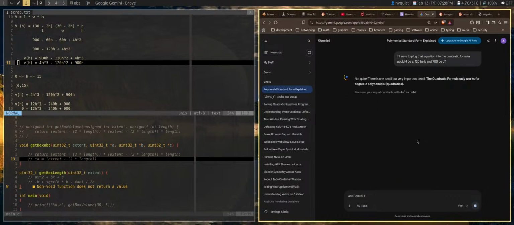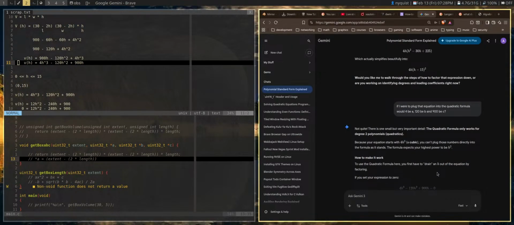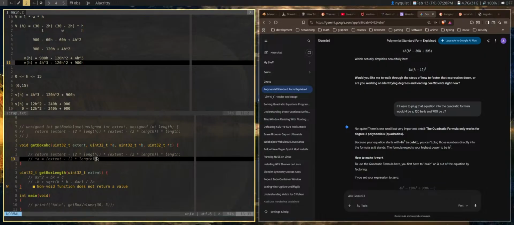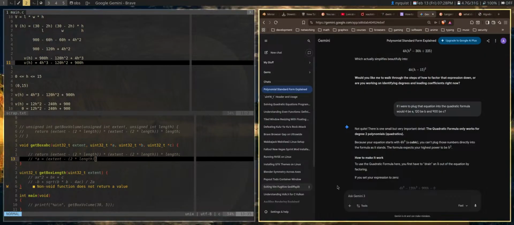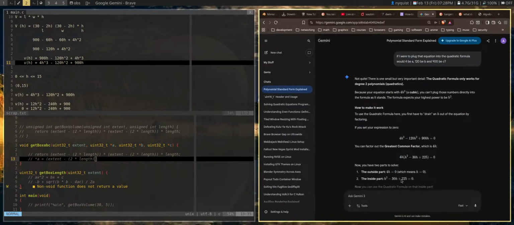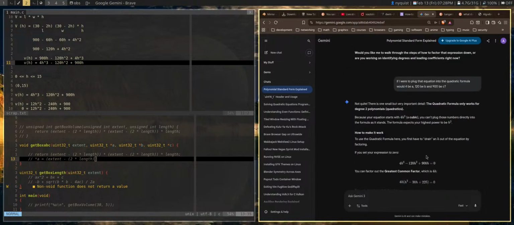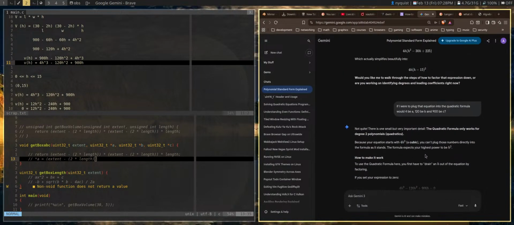Or is that not quite? Okay, so I do have to do something. Okay, I'm not going to look at that, but I get what's going on. Okay, I'm starting to get what's going on here. So does that mean... Well, I guess I do have to figure this out. A equals 1, B equals... So it does have to be in that form to put it in the quadratic formula, though. That makes sense. I figured.